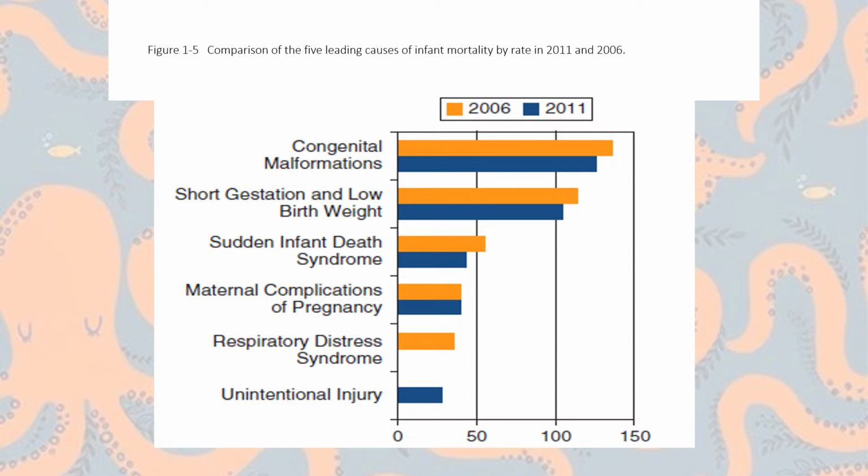And if that's because our healthcare is getting better or education is getting better, I'm not sure. Also, the number of children being born with low birth weight is lower, and the number of children having SIDS has been improving. Maternal complications of pregnancy leading to death in children has stayed about the same. Respiratory distress syndrome and unintentional injuries, there's a gap in the data here.